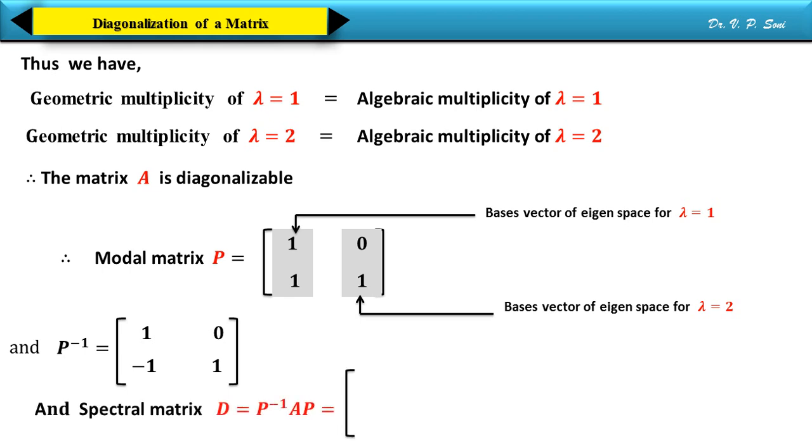The spectral matrix D = P⁻¹AP is the matrix with first row (1, 0), second row (0, 2). This means D is a diagonal matrix whose diagonal entries are 1 and 2.